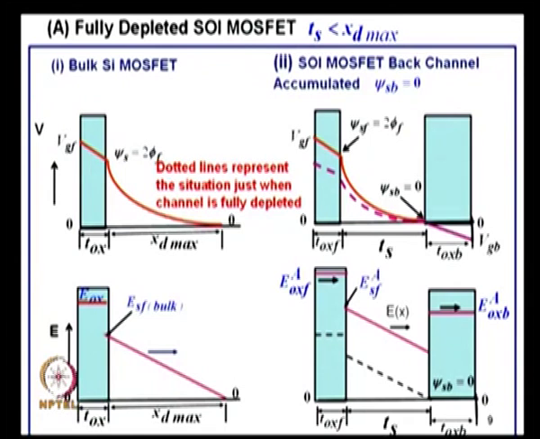That means, by the time it has inverted, the entire silicon layer is depleted. But if I start with the back gate bias V_GB negative, see this diagram, this full line here shows the potential. When I apply a voltage across this back gate V_GB, just to go back to this, I will show you.